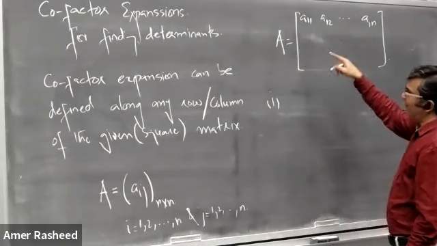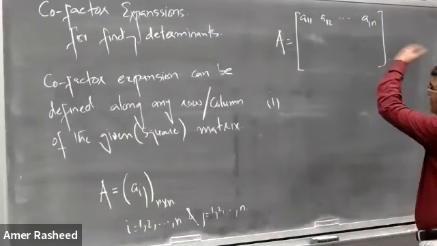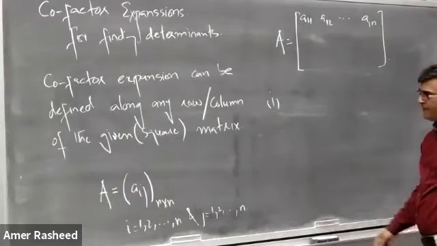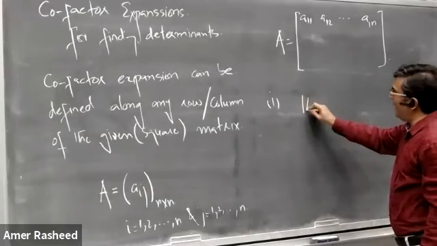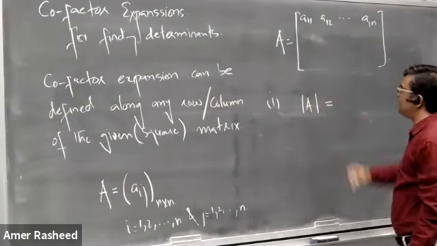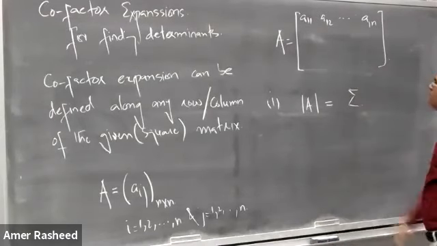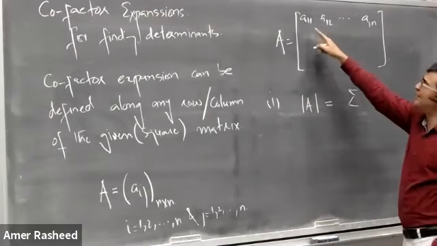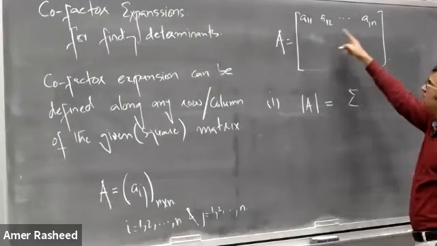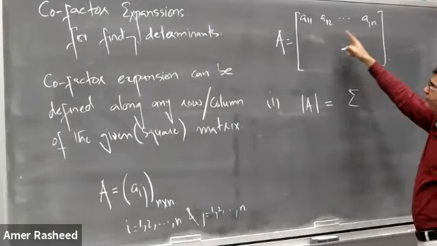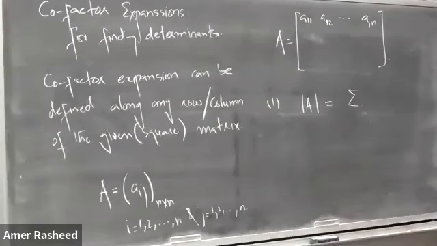What would be the cofactor expansion along this first row? So determinant of A is equal to summation. What is changing in this row? The column index.